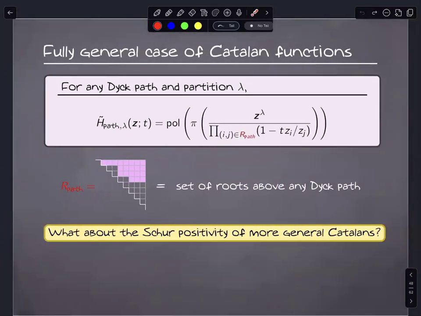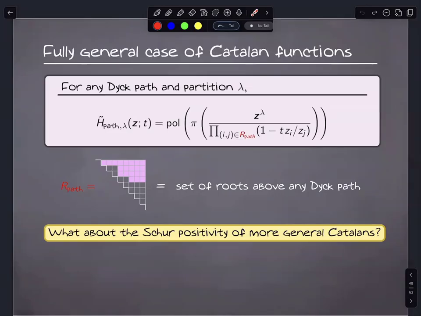What about this conjecture that these Catalan functions are positive for any root ideal? And that we could not do with the techniques we use for K-sures. The techniques for K-sures were highly reliant on the path having a lot of structure. Now here is a conjecture for any Dicke path.